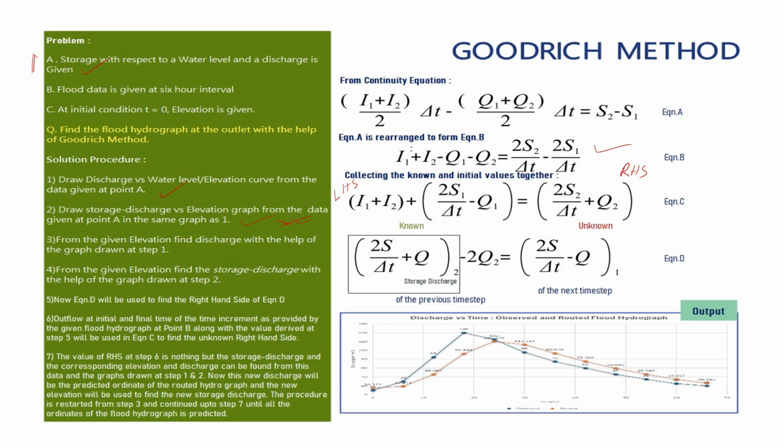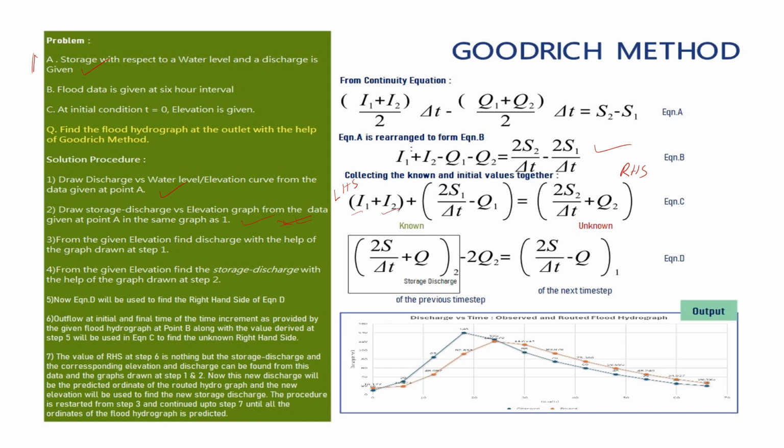Okay. You need to know the terms in the LHS, the left hand side. Note that from the flood hydrograph you know I1, the inflow at the 0th or initial time, and I2, the inflow at the final time.